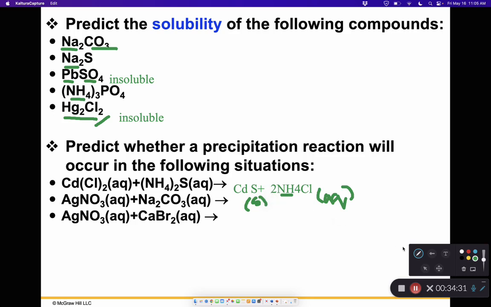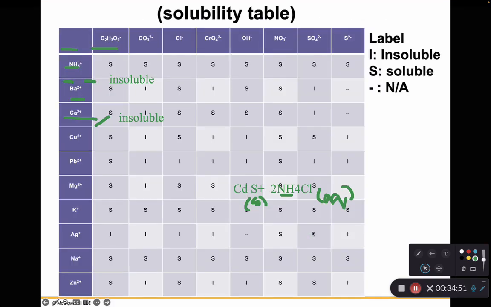Let me go back and see if we have cadmium on the earlier slide. That would make it easier to see. My buttons are not working. Okay, now it's working. Sulfide, right? And we had to look for the cadmium. For sulfide, we have copper insoluble, lead insoluble.